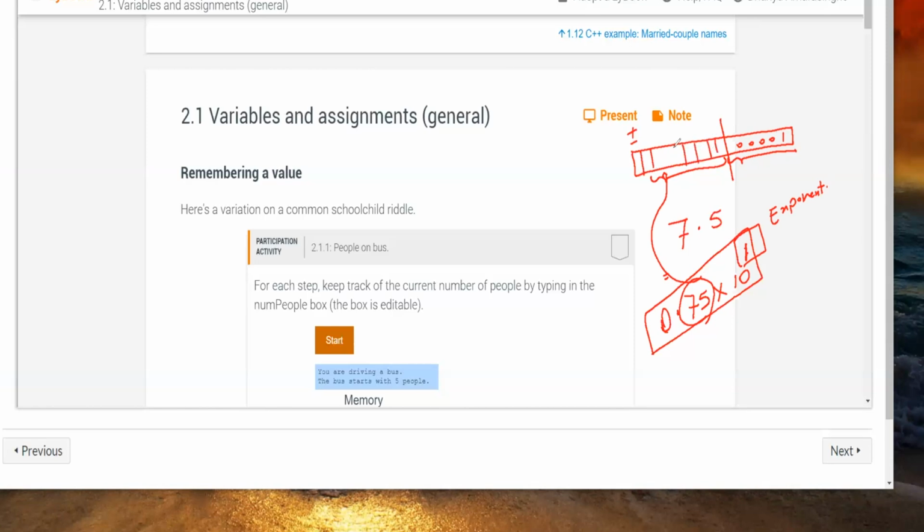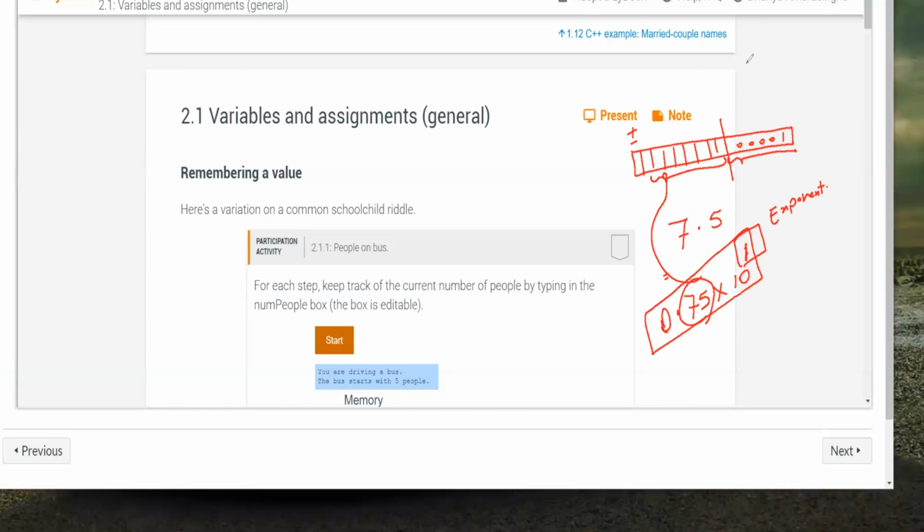So 75 is 2 to the power 6, which is 64, and how much more do I need? 11 more. Then 2 to the power 3 is 8, and 2 to the power 1 is 2. So 8 plus 2 is 10, and 2 to the power 0 is 1, which makes 11. So that's 75.